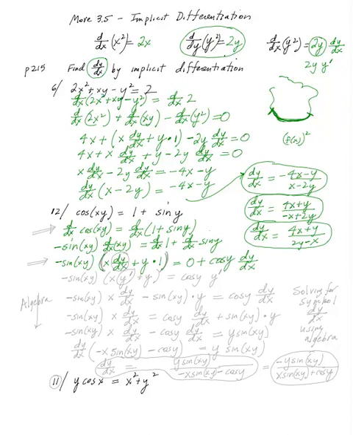Now I realize some of you prefer to write this: negative sine xy times (x y prime plus y) equals cosine y times y prime. That's okay. The book does that. WebAssign does that.